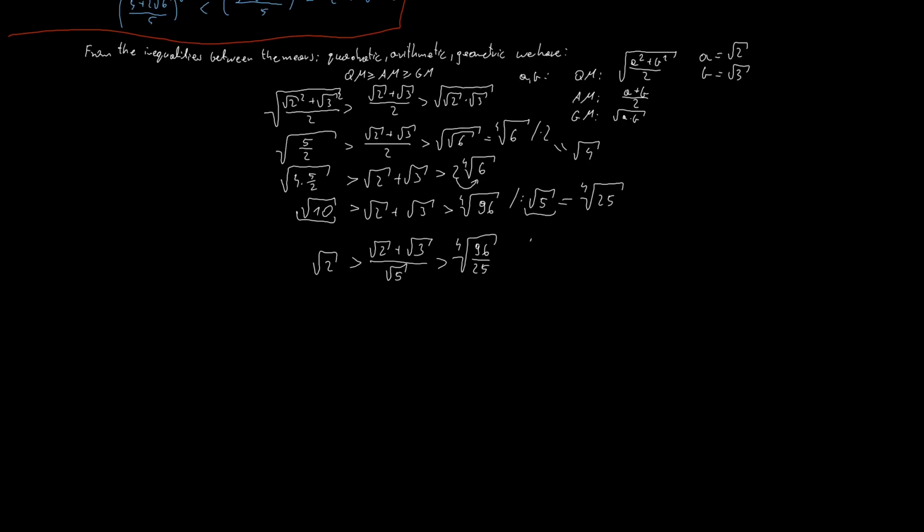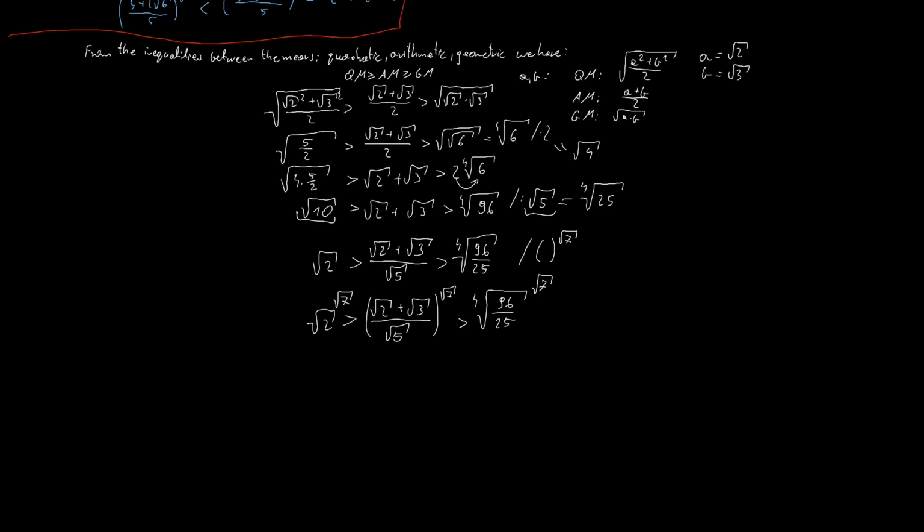And now let's raise everything to the power of square root of 7. And then we will have our number divided by square root of 5 to the square root of 7 is more than this thing, but it is less than square root of 2 to the power of square root of 7.